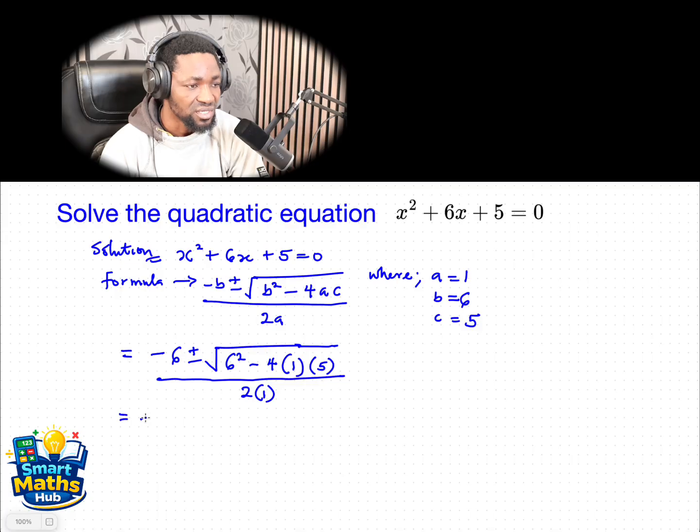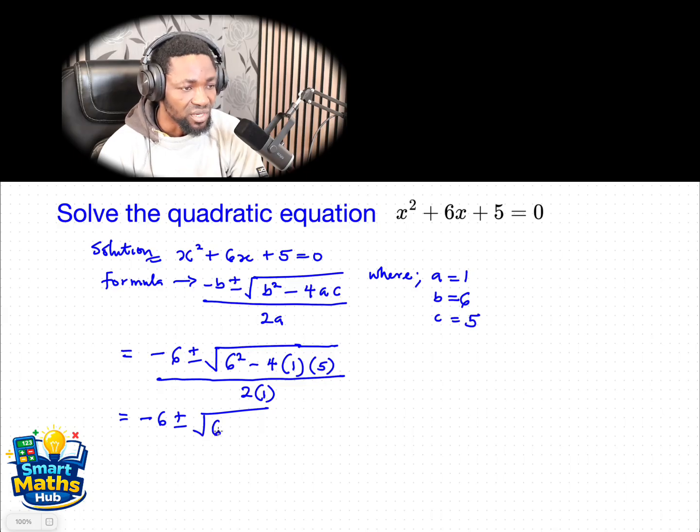So what do we have? Minus 6 plus or minus square root of 6 raised to power 2 minus 4 times 1, 4. 4 times 5, 20. Everything over 2 times 1, 2.